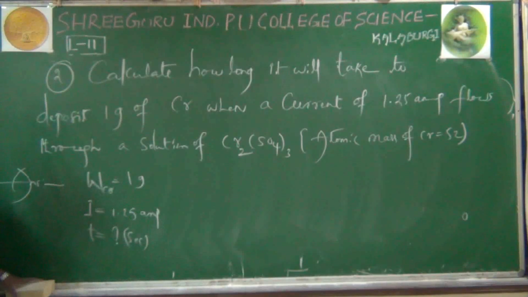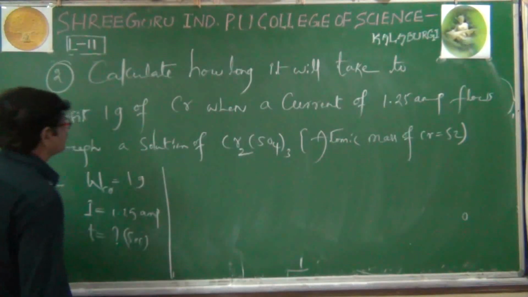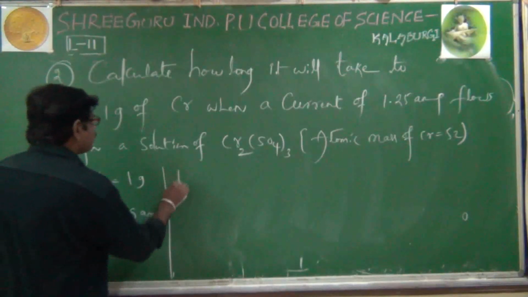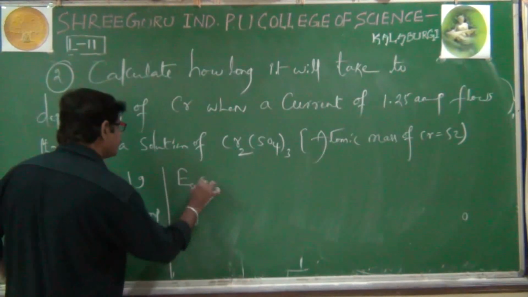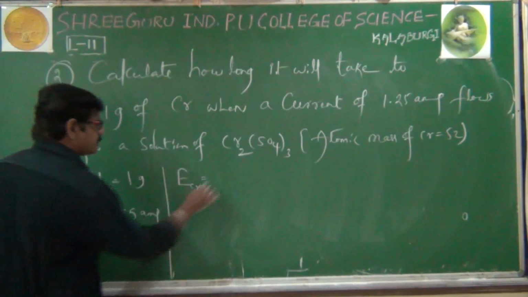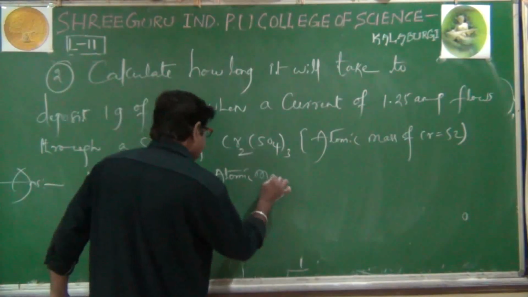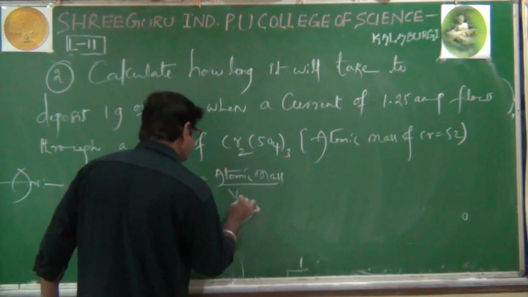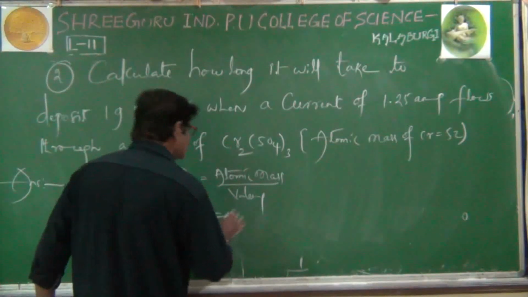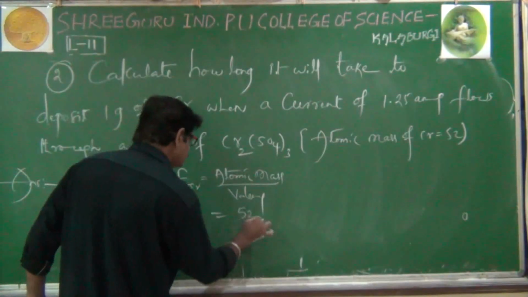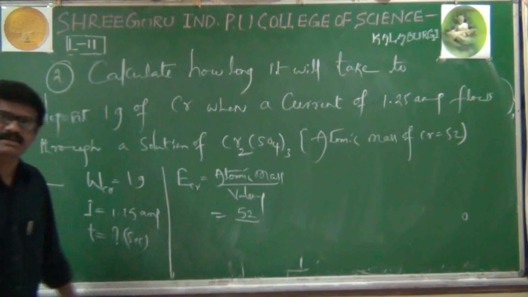That's all. Next one is the equivalent mass of chromium. The formula is already known to you, atomic mass divided by valency. Atomic mass is 52 divided by, again, valency question mark.